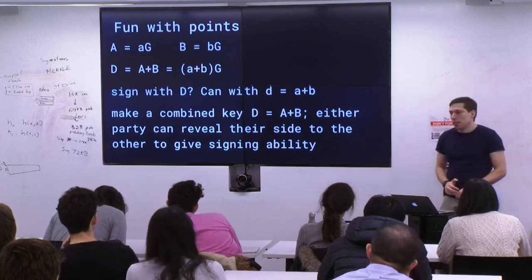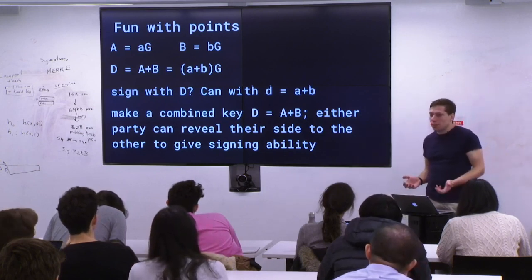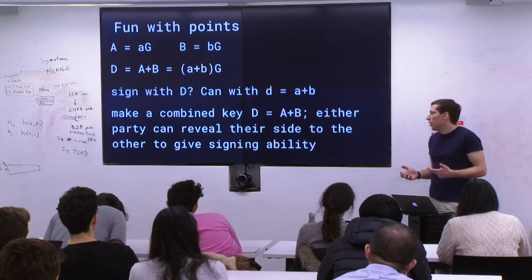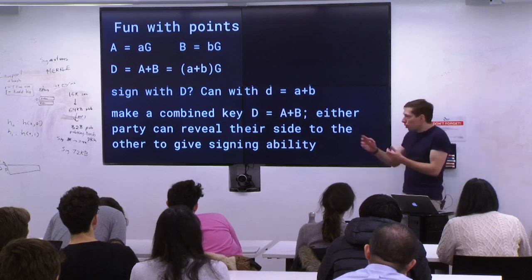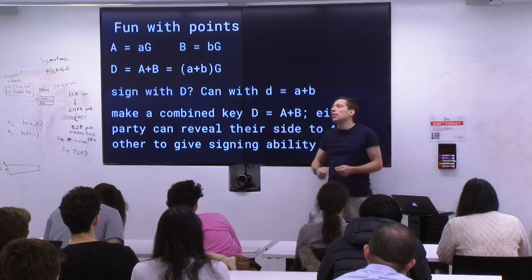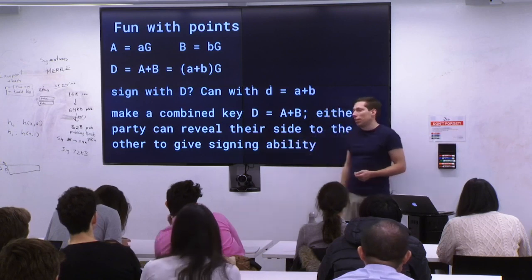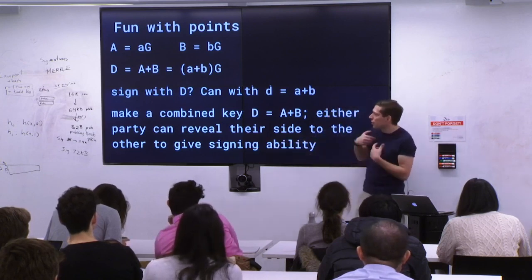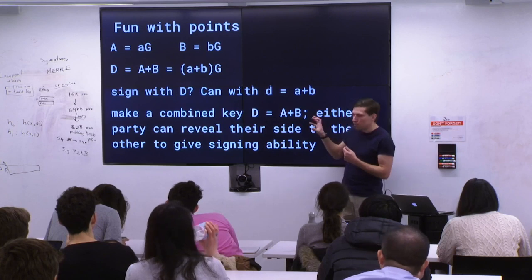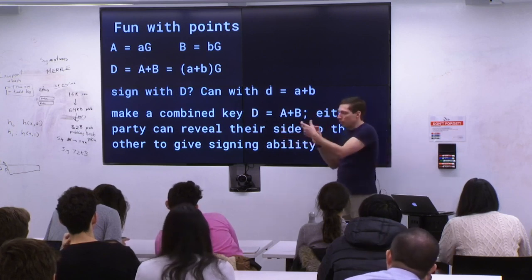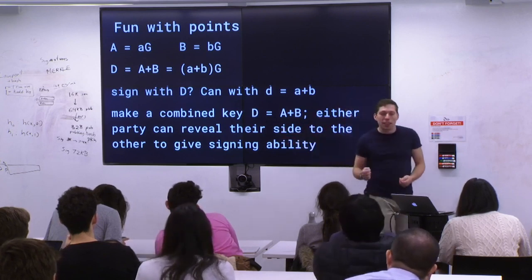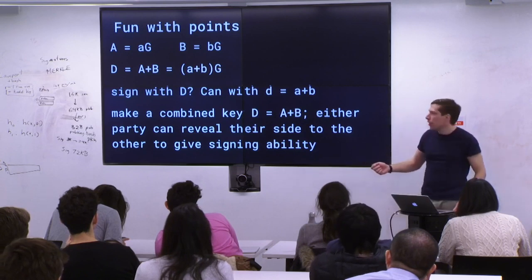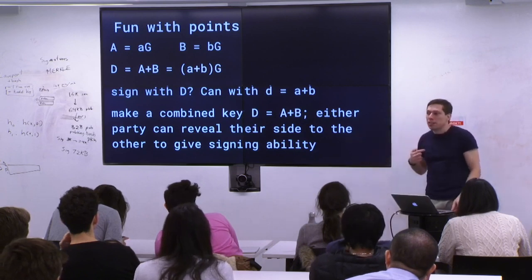I use this in the Lightning Network software I've had, where basically you say, look, we'll compute D, and I can give you the private key, right? I know I'm Bob, and I say, okay, here's point B, here's point A. We add them together, and then Alice, if I give you my private key, now you can sign, but I can't, right?